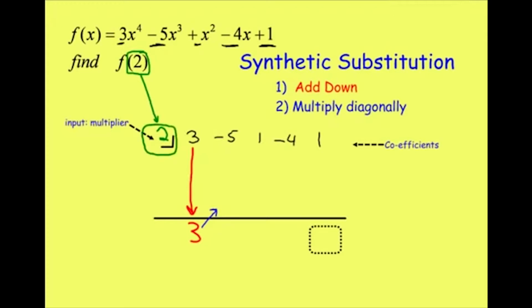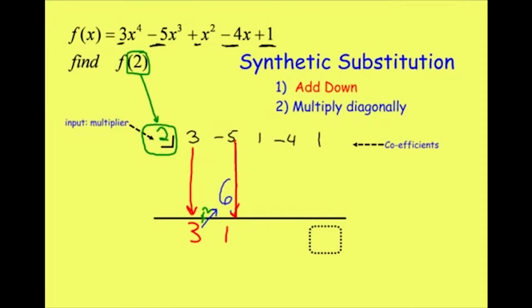So we have 3 times 2, which is 6. That's the multiply diagonal step. And now we're going to add down. We take the negative 5 plus the 6 that we just found, add those together, and we end up with 1.